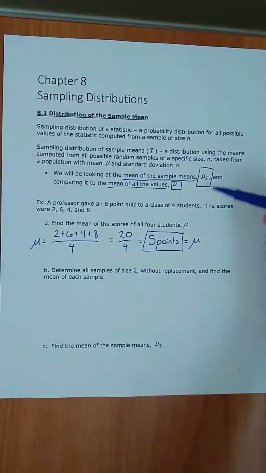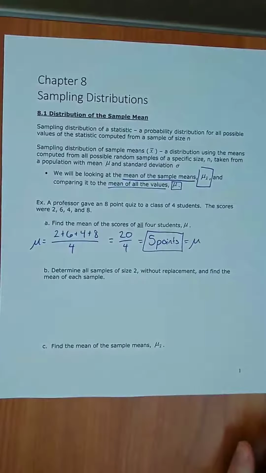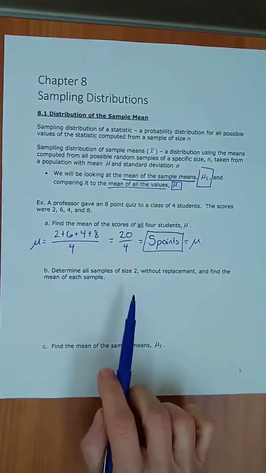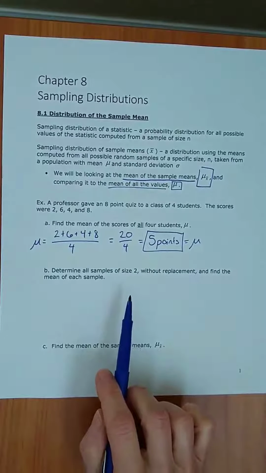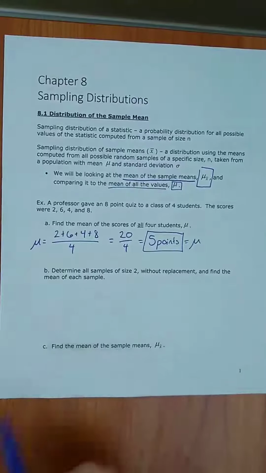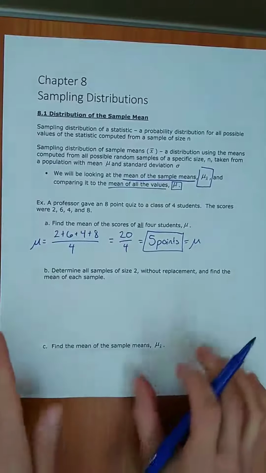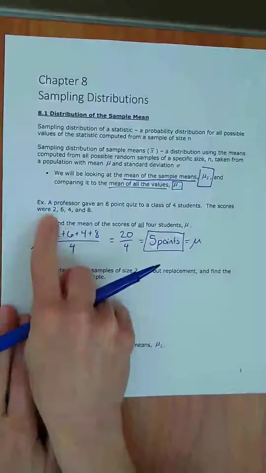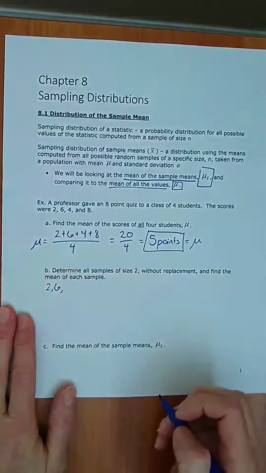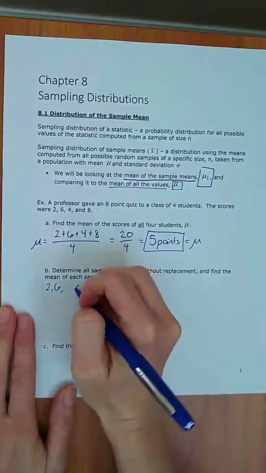Now we're going to look at calculating one of these mu sub X bar values. So determine all samples of size 2 without replacement. Okay, so we're not going to choose the same person twice. And find the mean of each sample. So let's just go in order. Let's say we take these first 2 students, the 2 and the 6. What is the mean of that little sample?